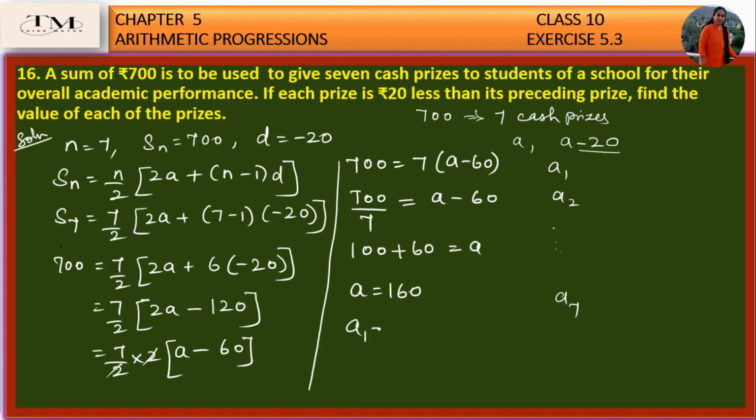That is, first prize equal to 160 rupees. So a1 equal to rupees 160.